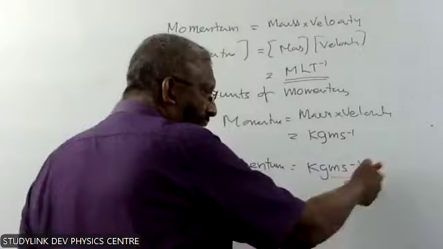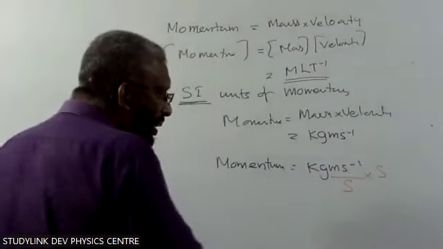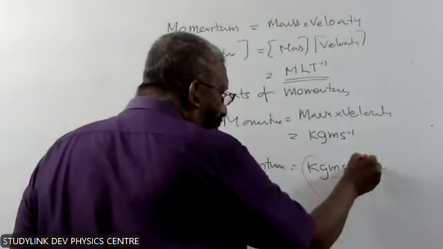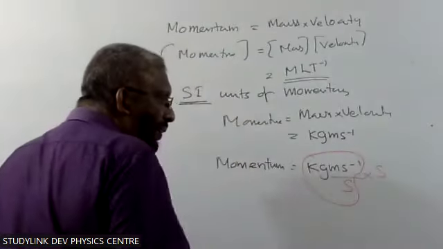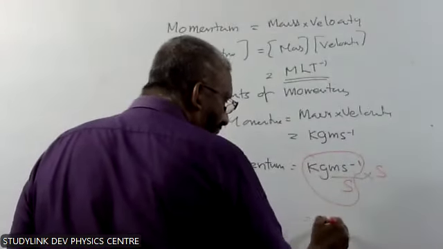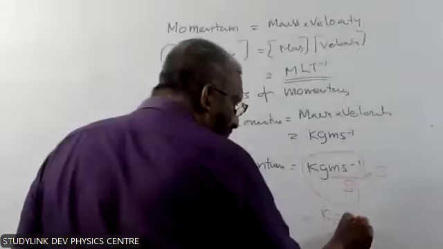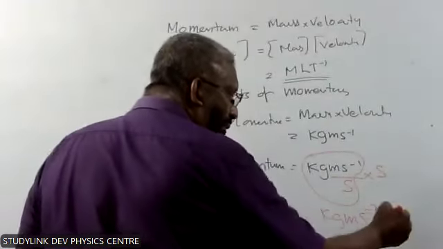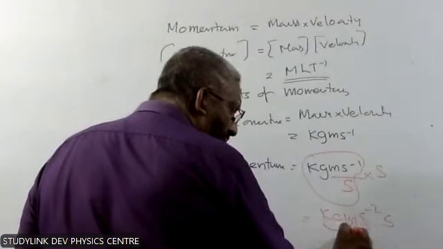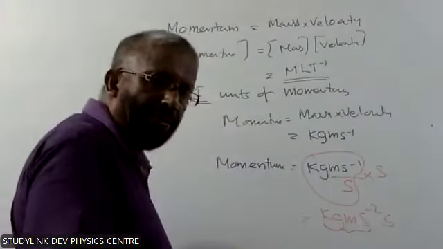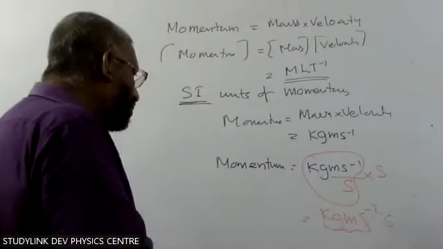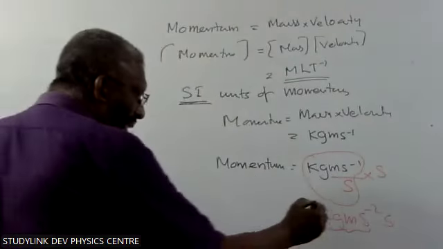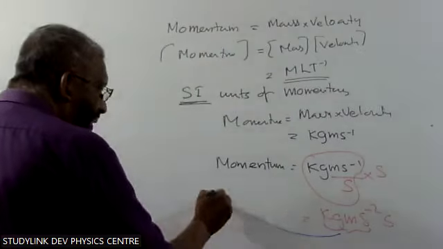But these things together, I can write it as kg m s minus 2 into S. What do you mean by kg m s minus 2? kg m s minus 2 is Newton.